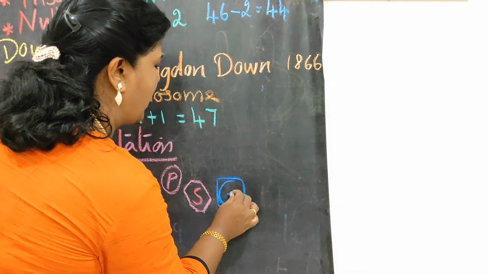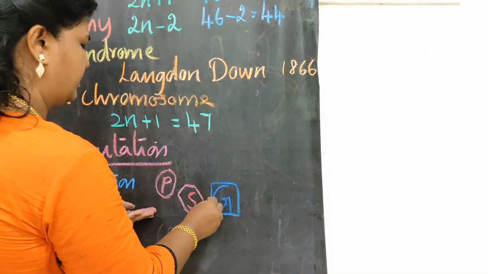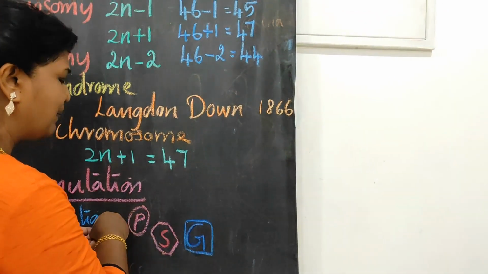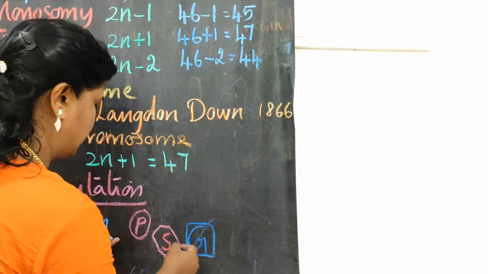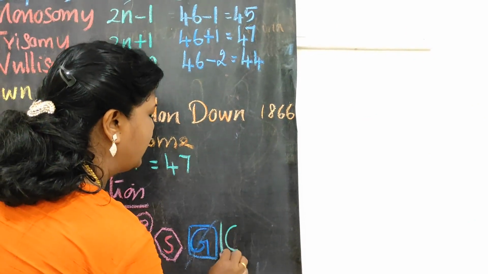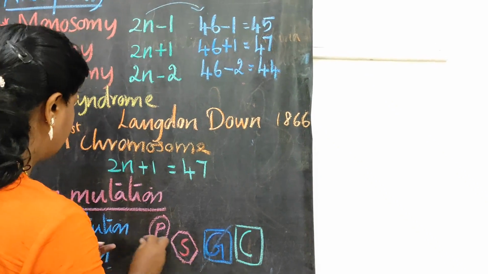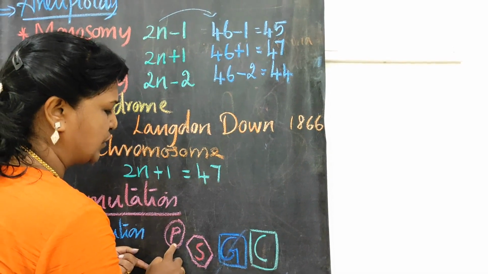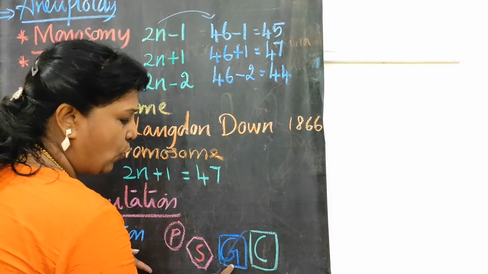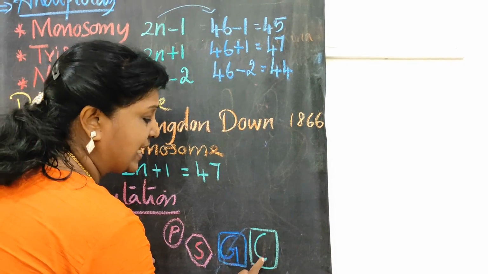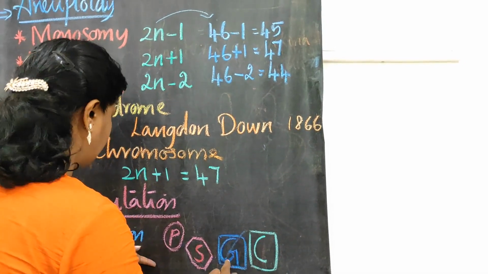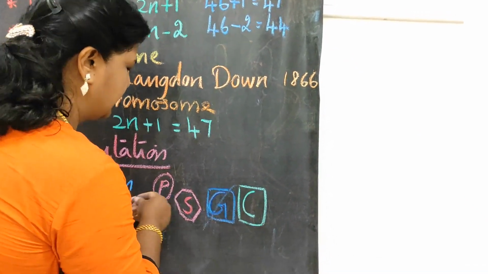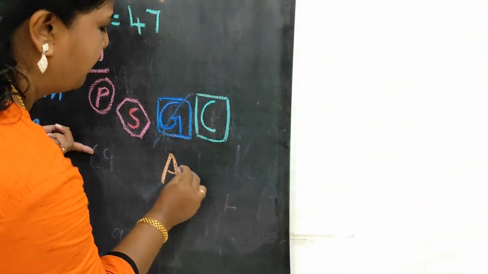This nitrogenous base guanine will be replaced by cytosine. So that is coming under substitution. So this is sugar, then the phosphate, then here the nitrogenous base guanine. This guanine is replaced by cytosine. That's coming under substitution.